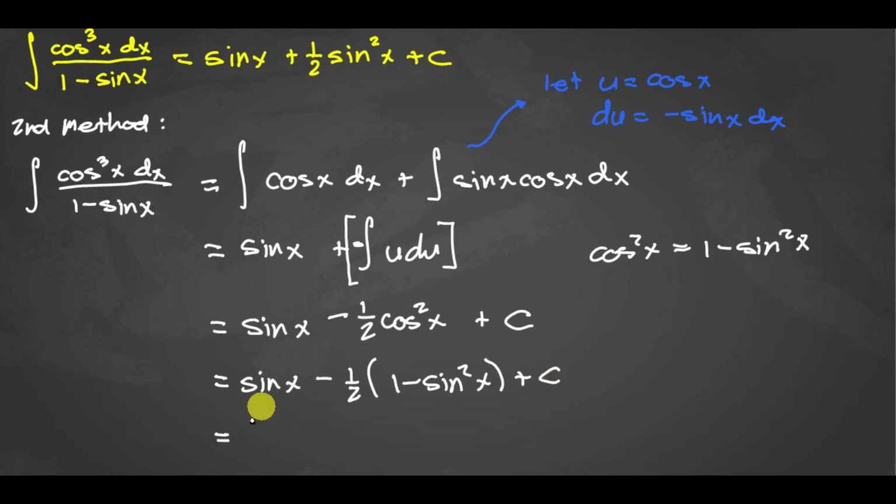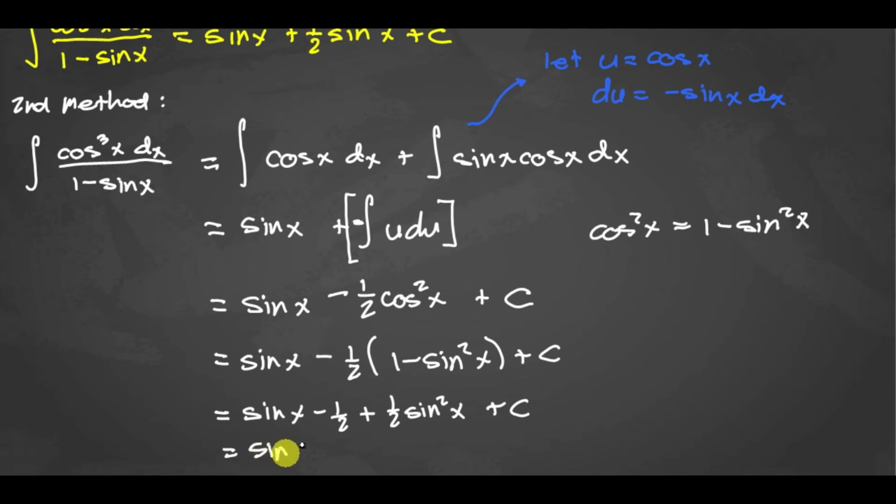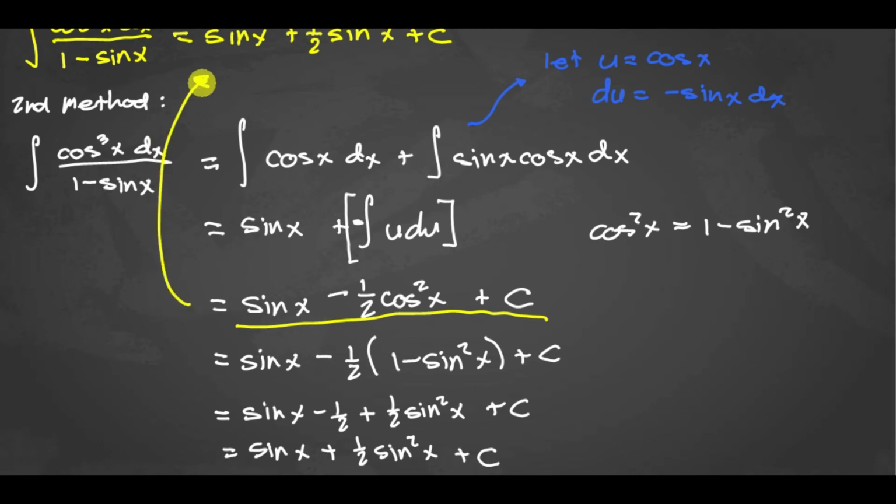Then this is sin x minus 1/2, negative times negative is positive 1/2 sin²x plus c. Note that the 1/2 here is also a constant. We could write our final answer as sin x plus 1/2 sin²x plus c. Now, this is true in this final answer.